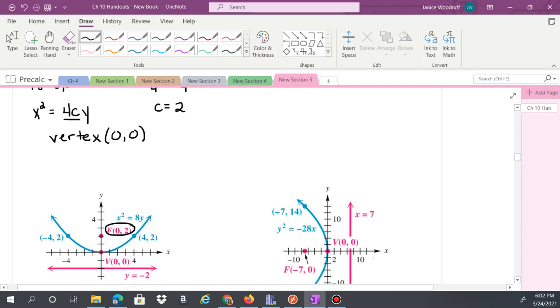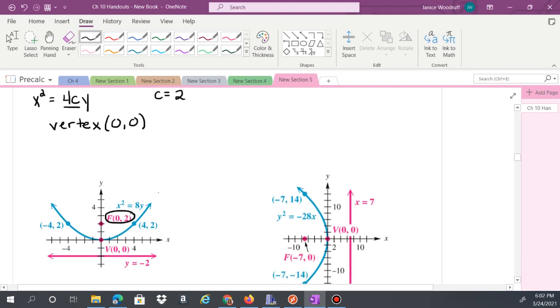Okay, so if you look in this packet, there's a graph next to all of the examples, just because it's easier to draw everything out and then look at it. So our focus is 0, 2. The directrix is the same distance as the focus, just in the opposite direction.